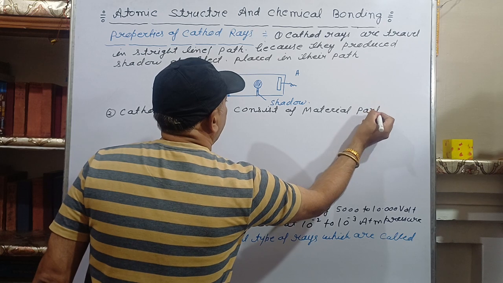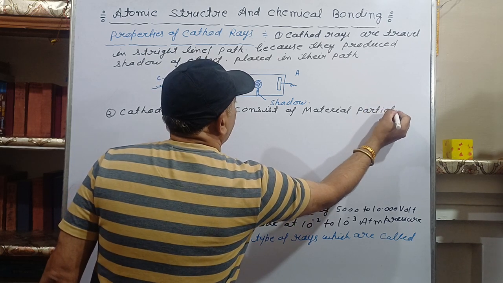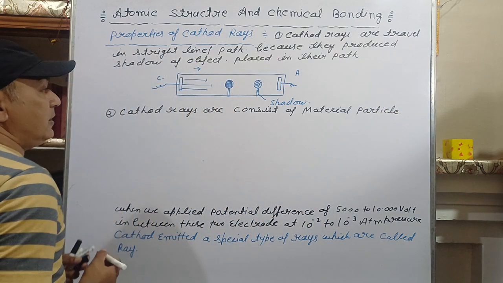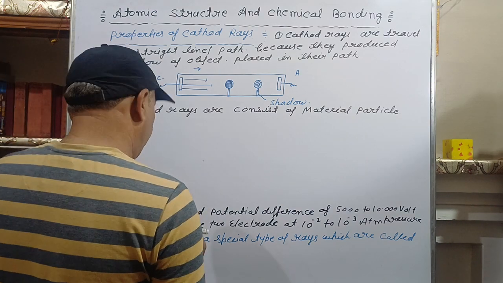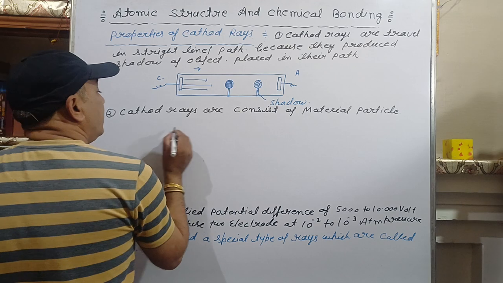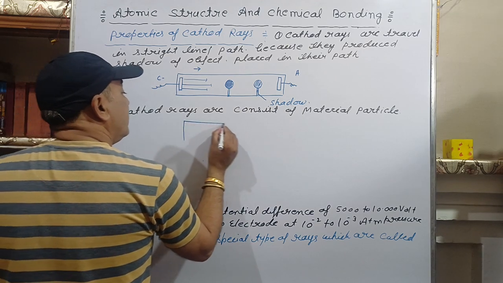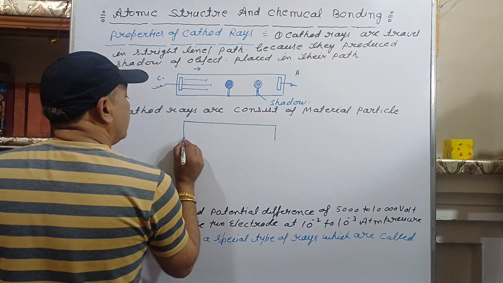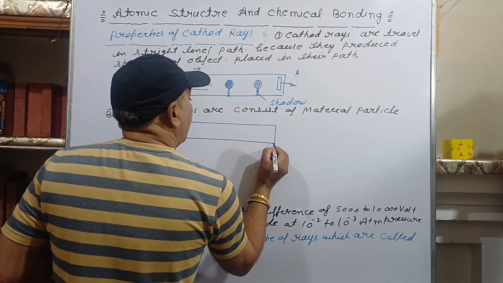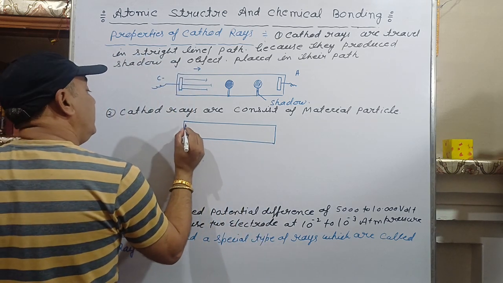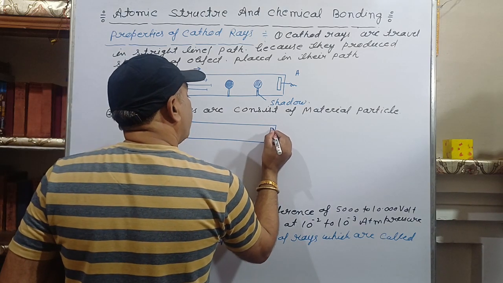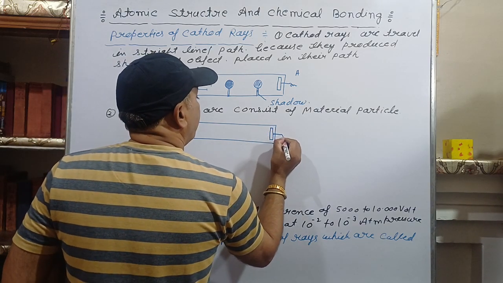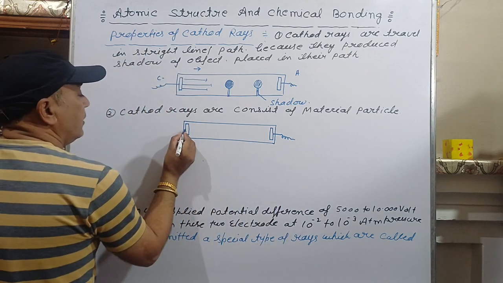How can we say that they consist of material particles? Because when we place a paddle wheel in the path of cathode rays, they rotate the paddle wheel, and the rotation of the paddle wheel indicates that cathode rays consist of material particles.